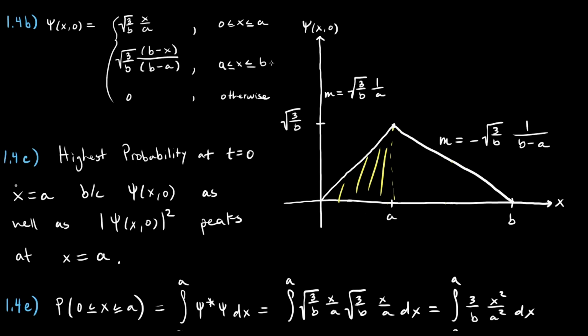And now, if we imagine that b is equal to 2a, if we plug in 2a for b, what we get for this portion of the piecewise function is square root of 3 over b, times 2a minus x over 2a minus a. But this is the same as the square root of 3 over b, times 2a minus x over a.